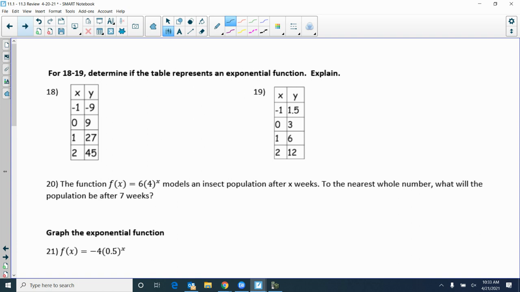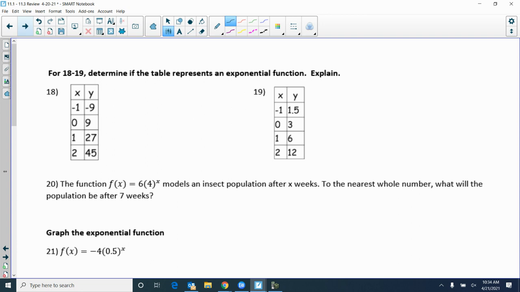Okay, flip it over to the back. Let's make sure we get through 18 and 19, because a lot of people just forget. How do you take a look at the table and tell whether it's exponential? You want to see if the y's go up by a constant multiplier. It might be easier to check on number 19, because number 19 is exponential. What do we multiply to get from each one to the next? 2.